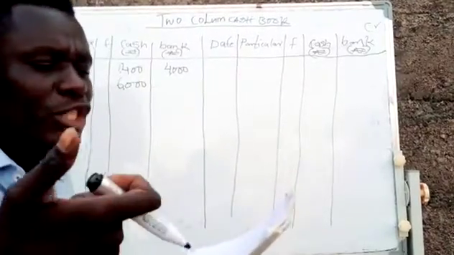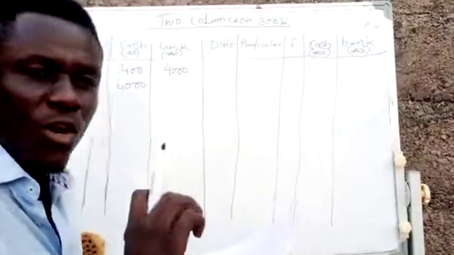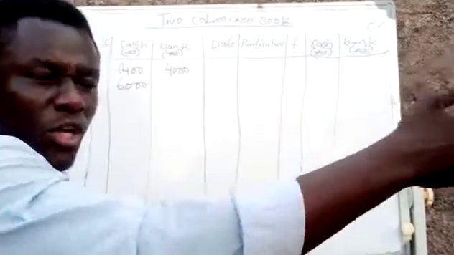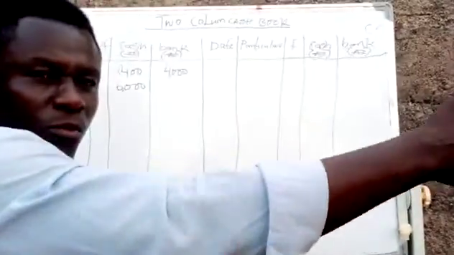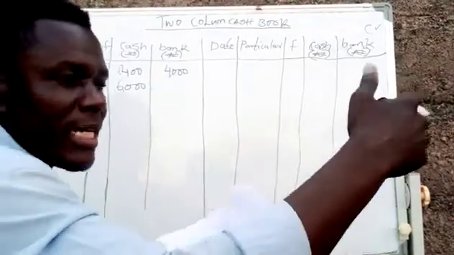On the 6th January, paid wages in cash 1,000. When you paid, which means you're giving out the value, you're giving out the money, you paid for what? For wages. Then it's going to be on the credit side, because on the credit side you're giving out.